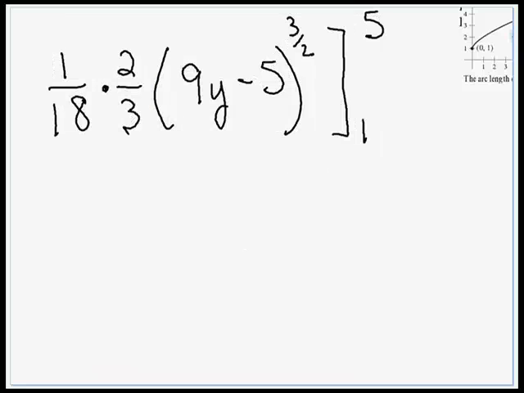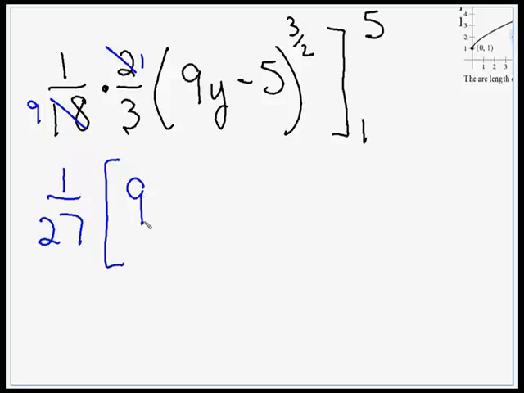We have our 1 over 18 times 2 over 3. We can sort of cancel on the diagonal. That'll reduce to a 1 and a 9. So we're going to have 1/27, and then our 9y minus 5 to the 3/2 power. And we're ready to evaluate.